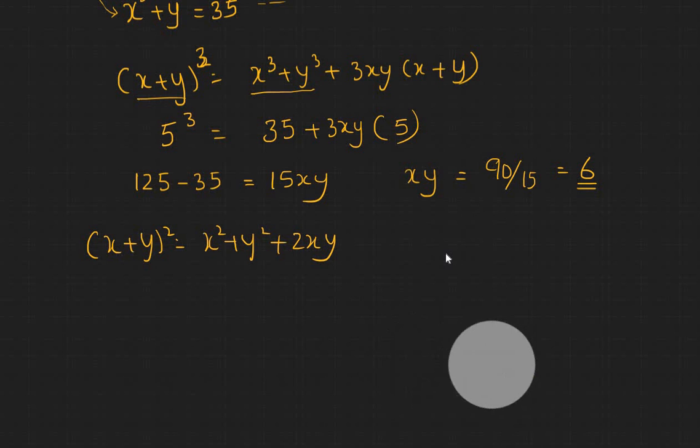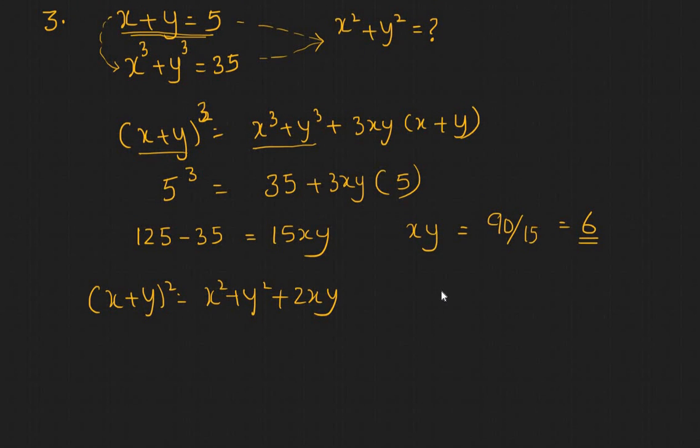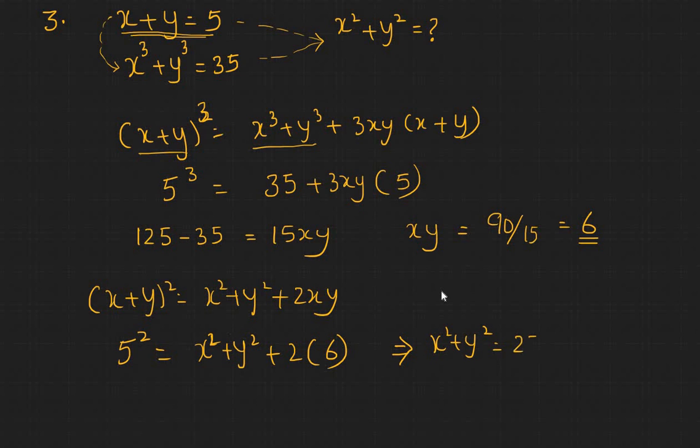You can substitute your values for x plus y here. 5 squared is x squared plus y squared, which is what you have to find, plus 2 times xy, which is 6. This implies your x squared plus y squared is 25 minus 12, or that's equal to 13.